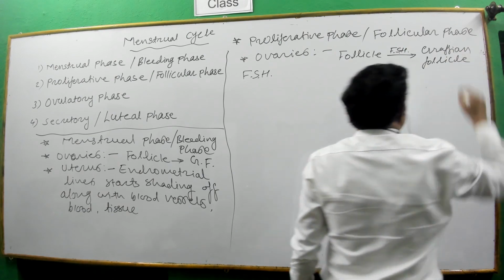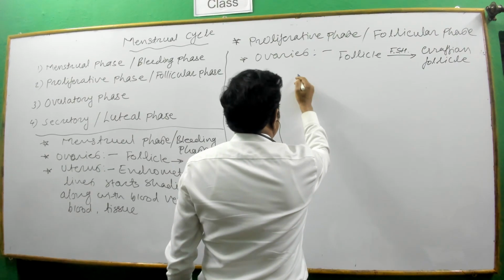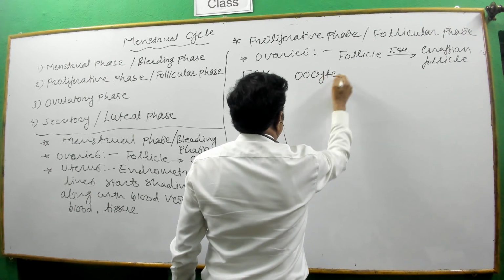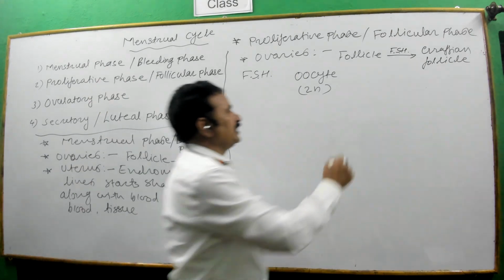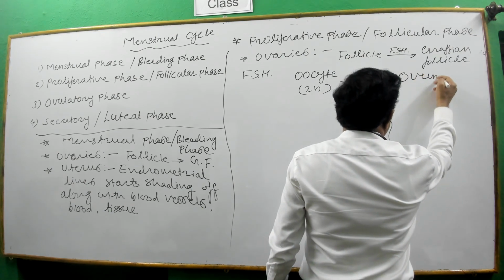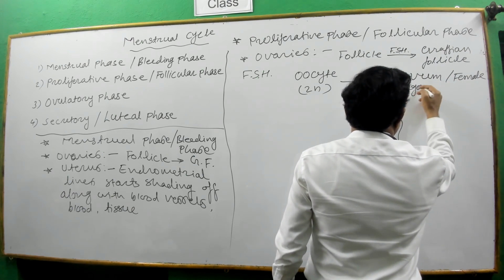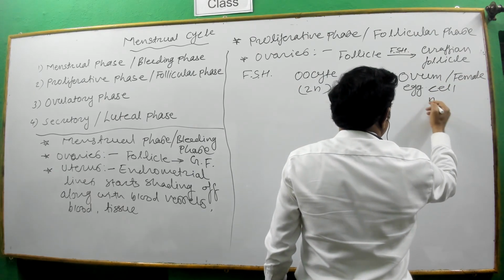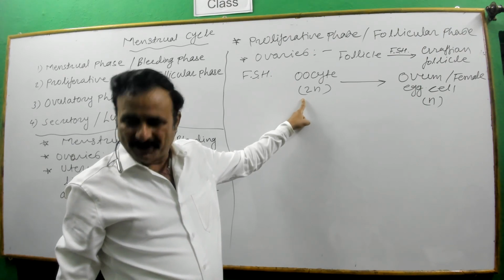And because of that, the diploid oocyte, whose ploidy level is 2n, converts into a haploid ovum or female egg cell, and the ploidy level of this one is n. It means that the oocyte must have undergone the process of meiosis.